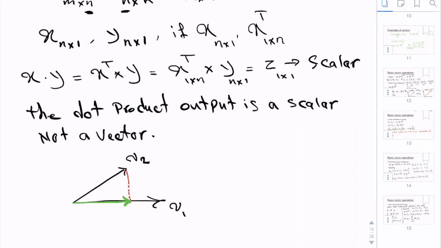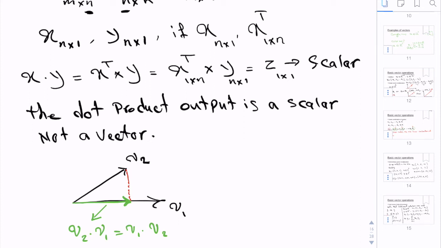So basically this green is v2 times v1, and this is equal to v1 v2. We know that the dot product has the commutative property, right? So this is one interpretation of the dot product.